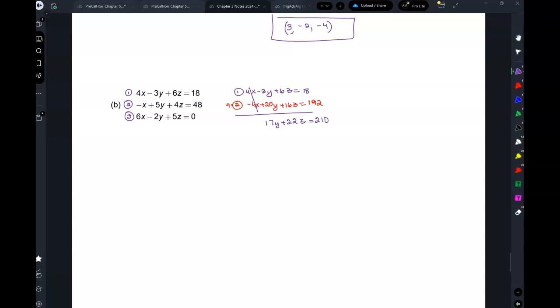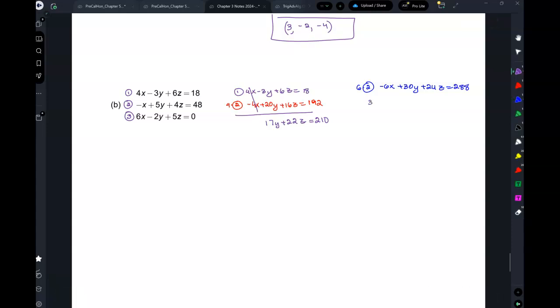Cool? Okay, now I'm going to use which two? 2 and 3. Or you could do 1 and 3, but that's a lot more work. So I'm going to multiply 2 by 6. Negative 6x plus 30y plus 24z is equal to 288.